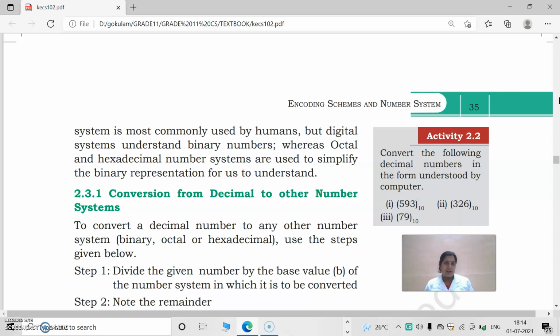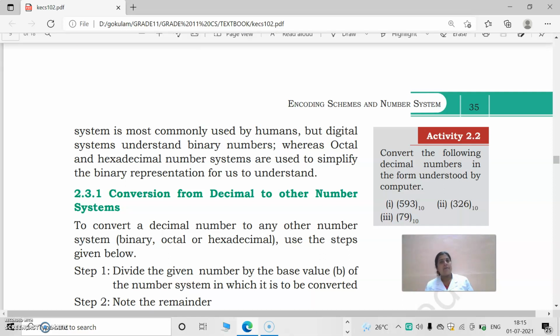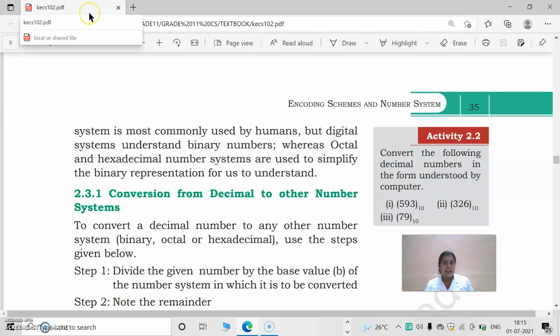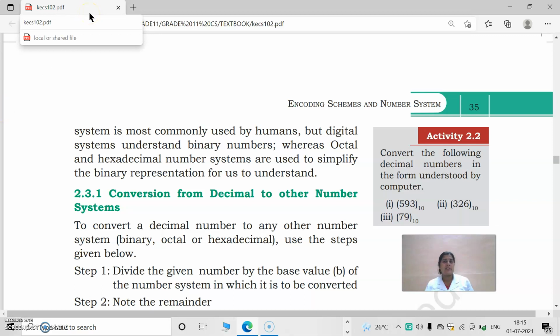So we have to convert all number systems into binary. In the next class, we will study how the conversion takes place between these number systems.